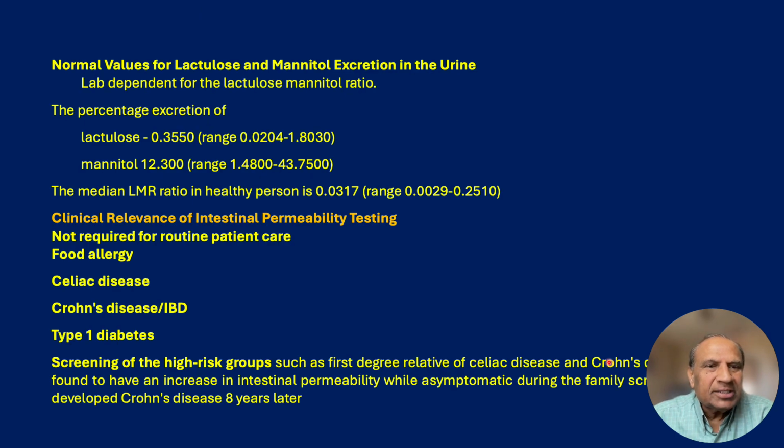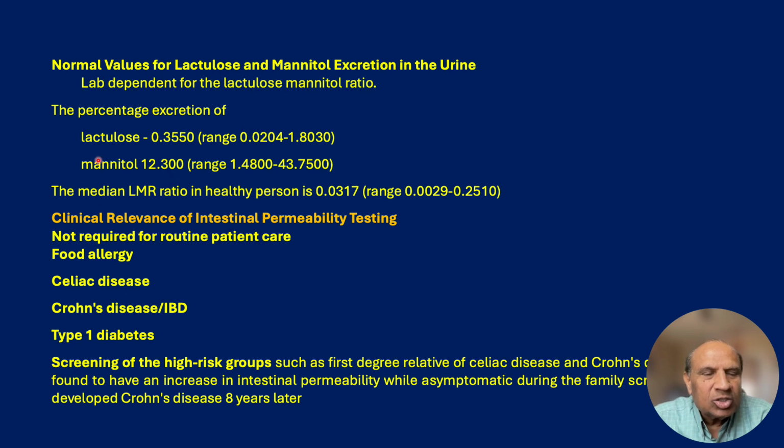So what is the normal intestinal permeability? It is a ratio of excretion of lactulose to mannitol. Lactulose is normally not absorbed from a normal intestinal epithelium with normal tight junctions. As you can see in this, only 0.35% of orally taken lactulose is absorbed and then excreted in the urine, compared to mannitol, which is a smaller molecule, excreted up to 12.3%.